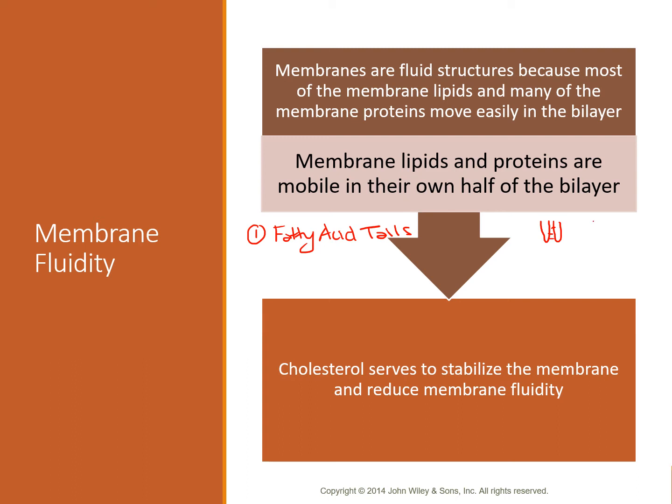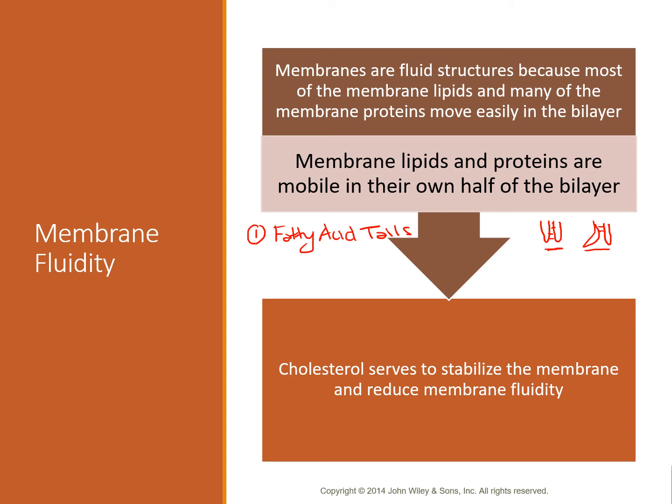If you have an unsaturated tail, it's going to be bent, remember, and so you're not going to have as good binding or bonding between those tails of the phospholipid bilayer. So the unsaturated one is going to be a lot more fluid plasma membrane, whereas the saturated tails are going to be very rigid because they're all going to be bound very tight together.